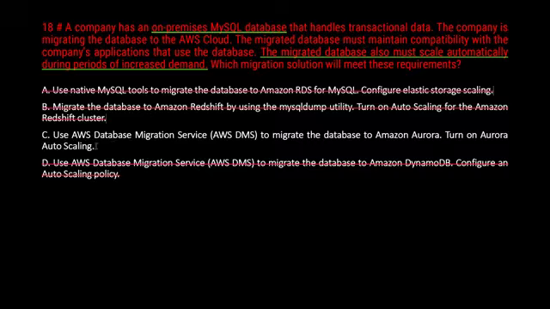Then that leaves us with Aurora. Okay, so migrate the database to Amazon Aurora. As you know, Aurora supports both MySQL and PostgreSQL, so you are fine with it. Then turn on the Aurora auto scaling for handling the periods of increased demand.